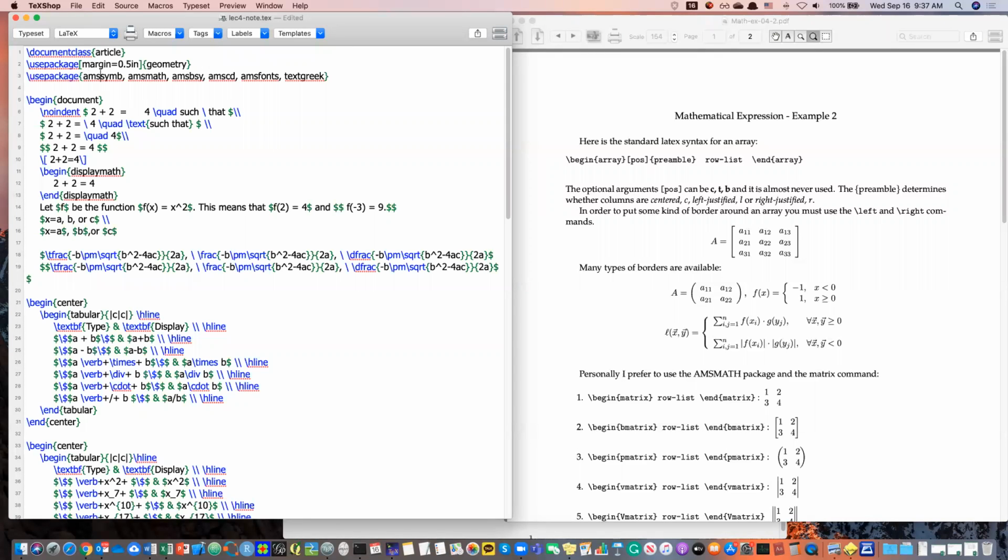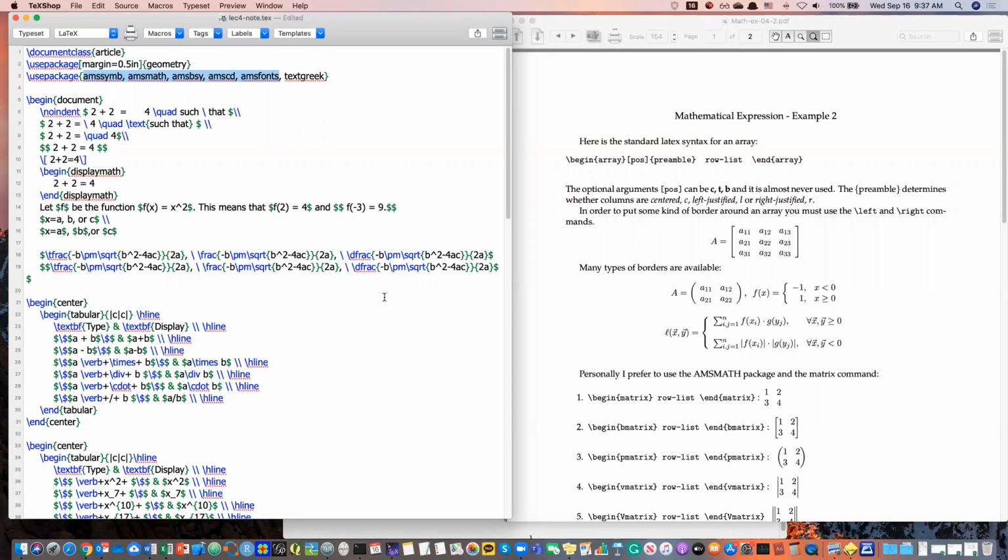AMS symbols, AMS math, AMS BSY, and then AMS CD, AMS font, and text. I don't think you need this one. But basically, five packages. Please import those packages: AMS math, AMS symbols, AMS BSY, and the CD and font.